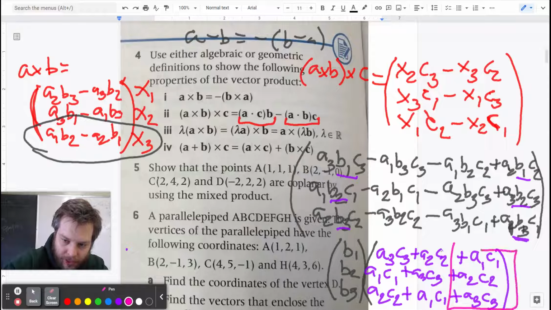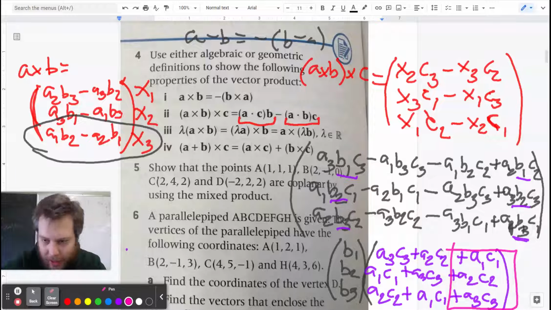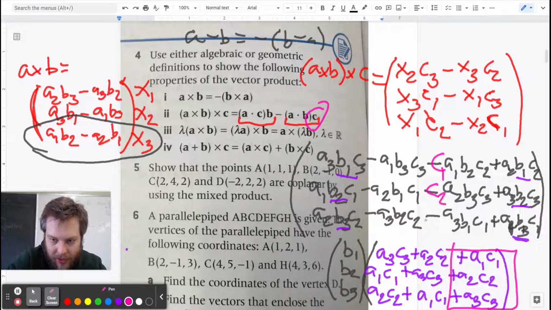Even when I try to do this wishful thinking here, if I wanted to get C here, there's no other C1. There's no C1 in the top component. There's no C2 in the middle component. There's no C3 in the bottom component. So there's no way I can even compensate for it or make it work.